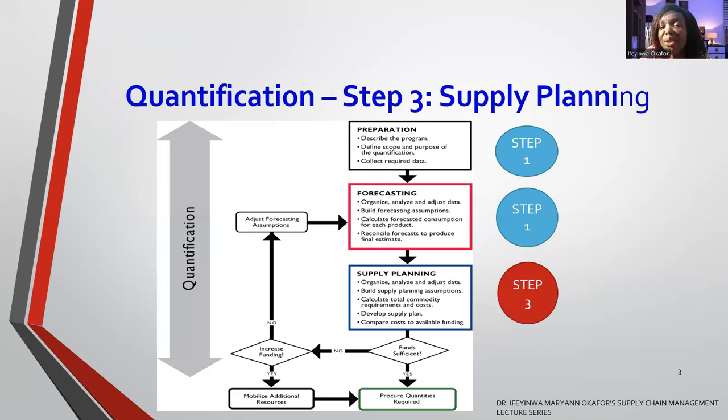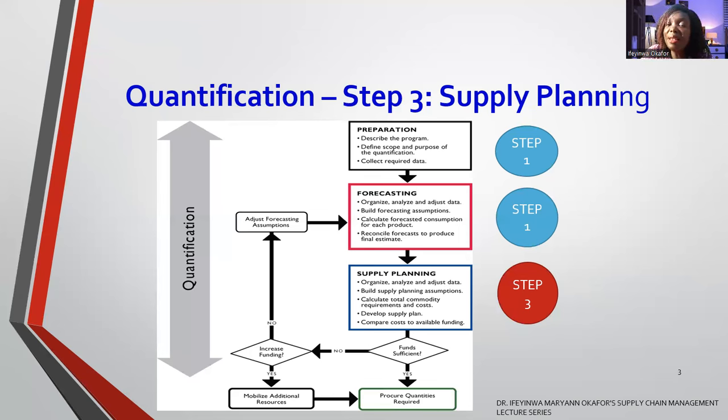And then the second stage of quantification, which is forecasting, we simply defined as estimating the quantity of goods that a particular program will use within a specified period of time in the future. And we said for you to do your forecast, you need your forecasting assumptions, and also you need the data that you have gathered during the preparatory phase.